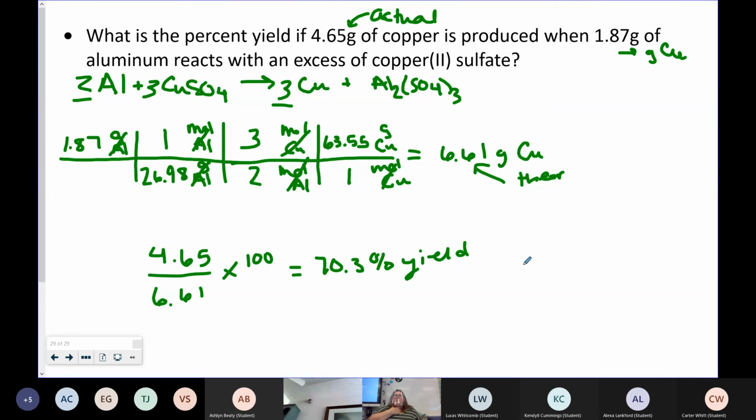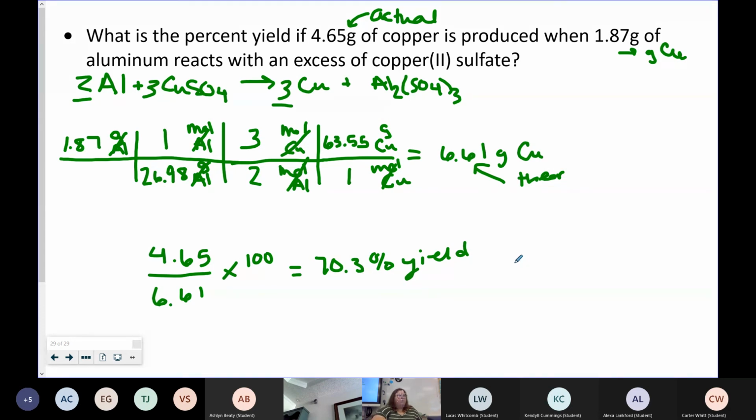Plus, with a piece of aluminum, maybe there's aluminum in the center and only the aluminum on the outside reacted. There's tons of things that could have occurred to cause that percent yield. And sometimes you might get really, really small numbers for percent yield. That is possible. It just depends on what values you're given.